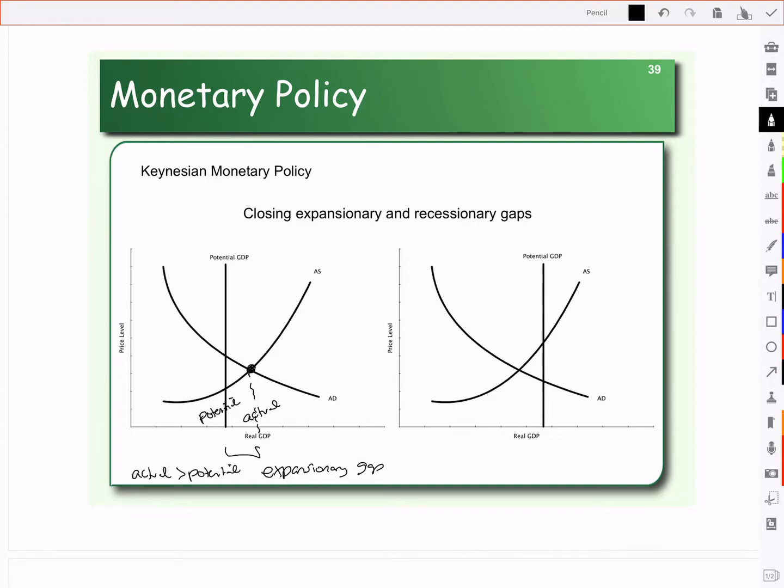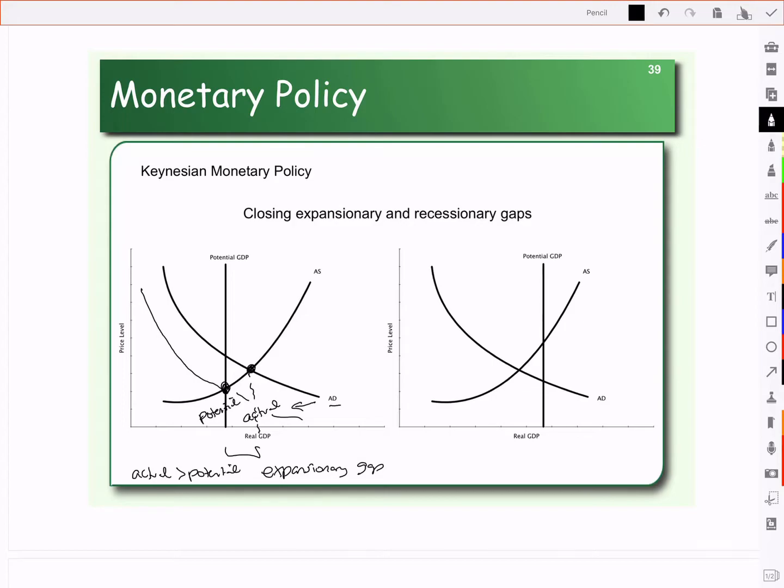Because Keynesians use monetary policy to close the gaps. Well, monetary policy is money supply and interest rates, and we know that changing the money supply and interest rates changes aggregate demand. So we need a monetary policy that will decrease aggregate demand so that we can get back to our potential.